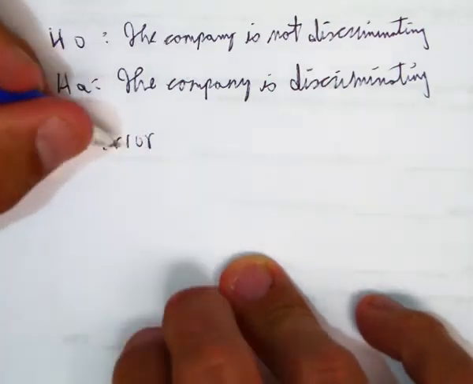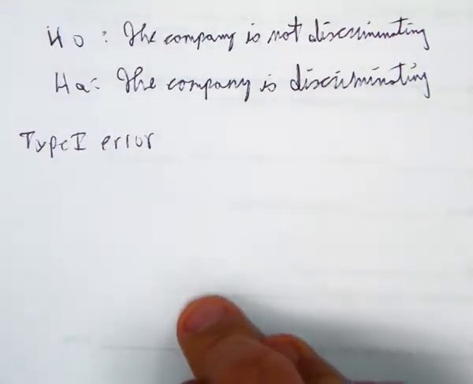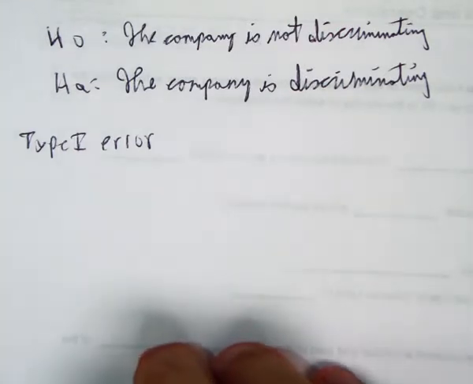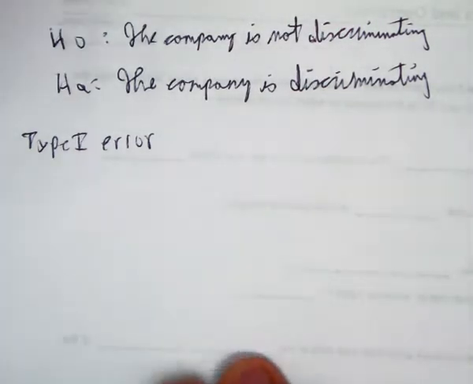Question A asks, is this a one-tailed or a two-tailed test? We would be looking only at one side, because we're only interested if the company is hiring too few minorities, not if they're hiring too many.